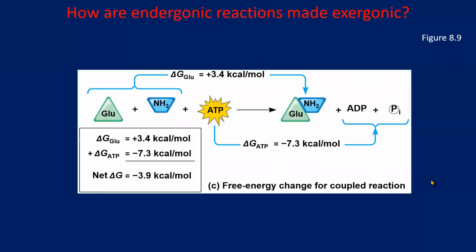This is the coupled reaction, and in it the net change in free energy is negative: plus 3.4 plus minus 7.3 gives minus 3.9. That is how, when the reactions are coupled, they become exergonic as well.